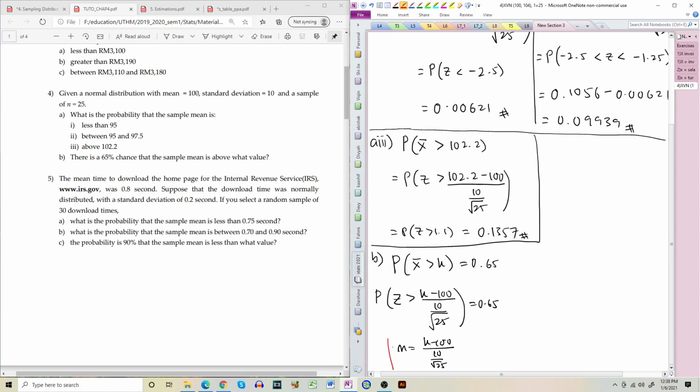Let's say I denote my M like this. Then I can rewrite this again. 0.65.